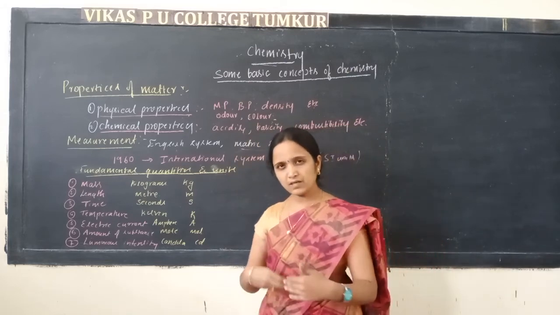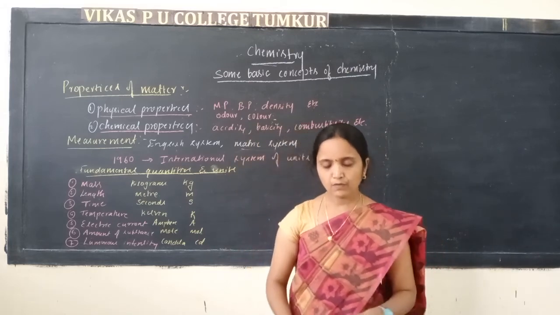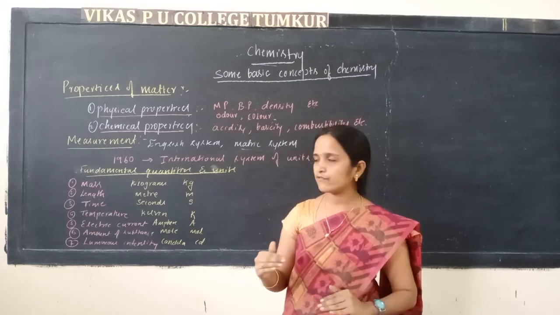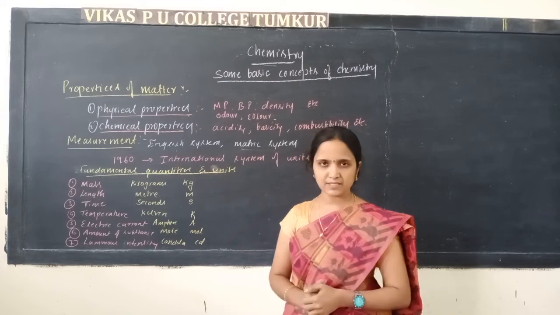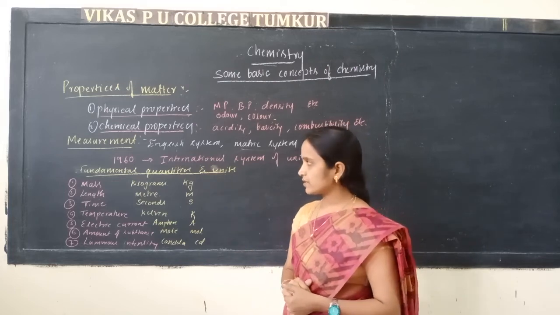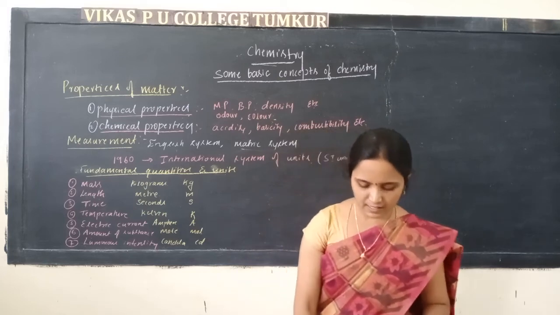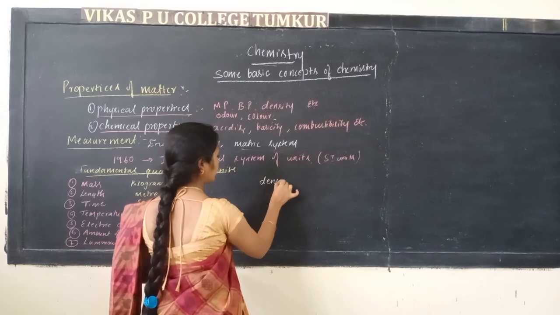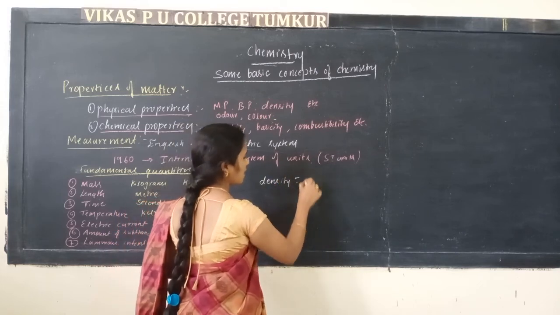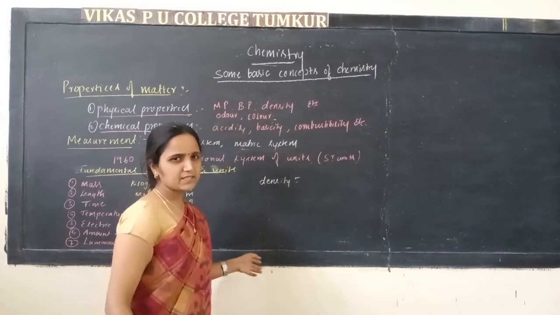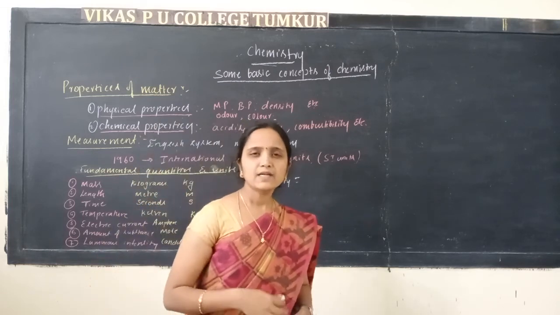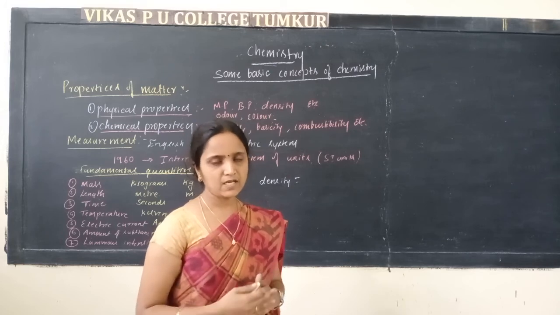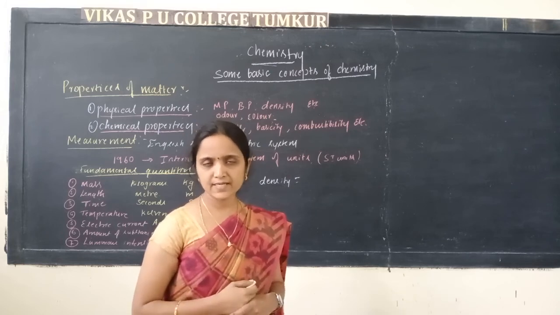The other quantities like density and volume are all derived from these basic quantities. Suppose we take another quantity, density. What is meant by density? You have already studied this in the lower classes. Density is nothing but mass per unit volume.